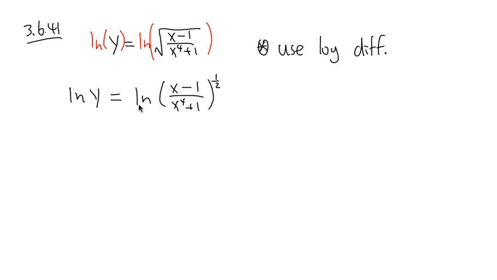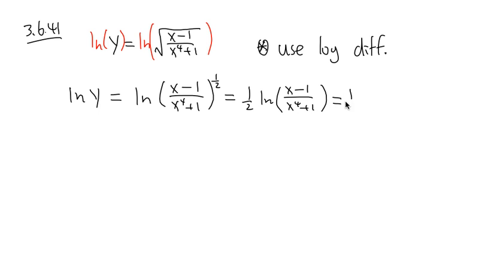And because we have ln of something raised to a power, I can bring the power to the front. So I can write this as 1/2 ln of (x minus 1 over x to the 4 plus 1). And ln of a quotient, ln of something divided by something, I can also write as a difference.